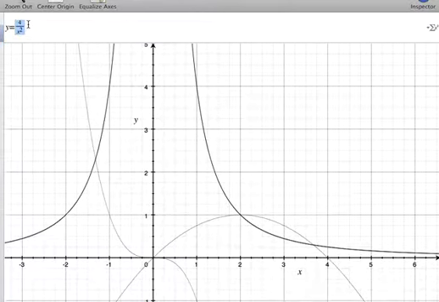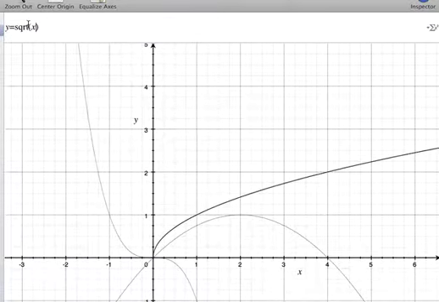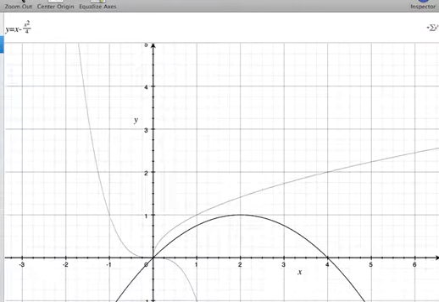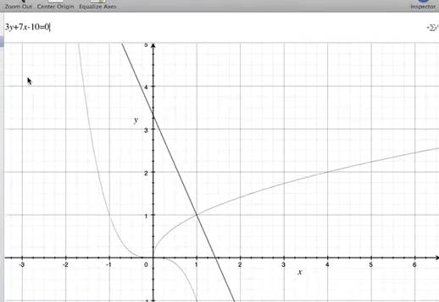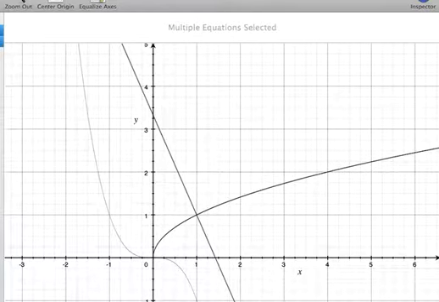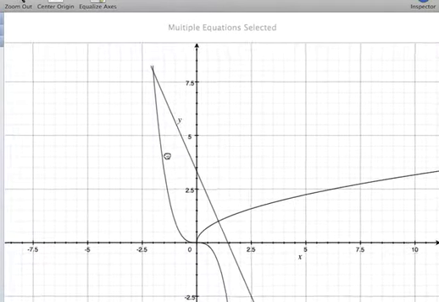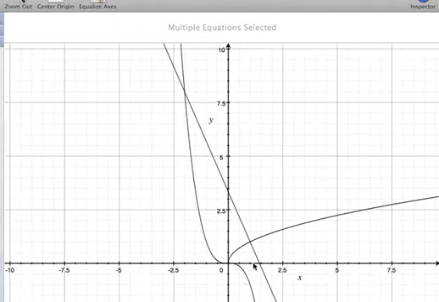Let's go ahead and do this one as square root of x, and let's do this one as 3y plus 7x minus 10 is equal to 0. And if we go ahead and look at all three of those together, we see this area right here, okay?